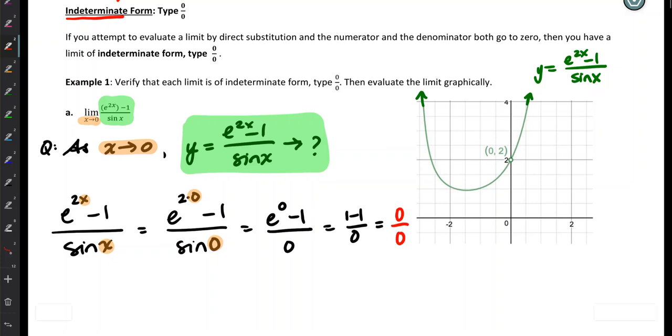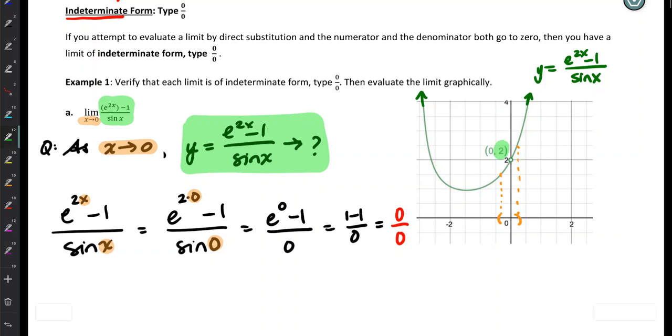Now, if we were just given this question, the only strategy we would have is to go ahead and graph it. And then we'd say, oh, x values near 0 are sent to y values near 2. My answer is 2.